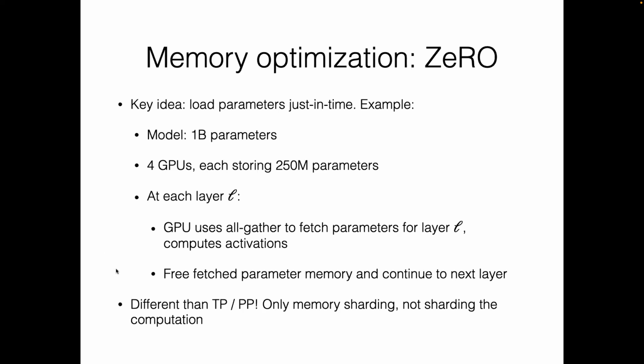Okay, so at any given point, you're never storing the entire model, but you can see that this requires a lot of all-gather or communication operations. And so in some sense, this is sharding the memory, not sharding the computation. So it's slightly different than what we were doing in the tensor parallelism or the pipeline parallelism.